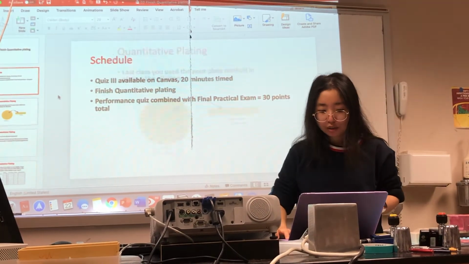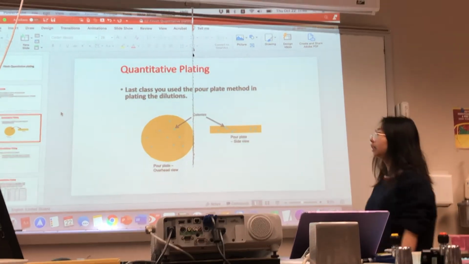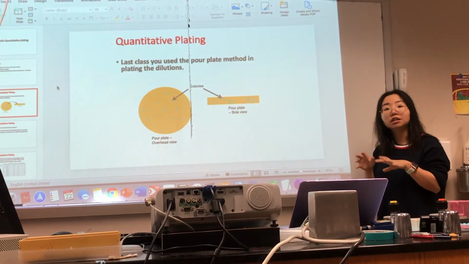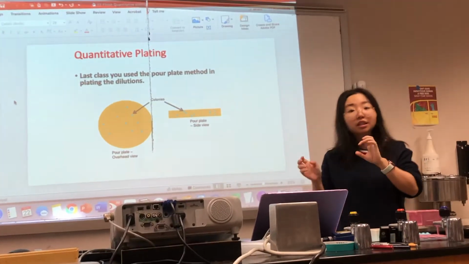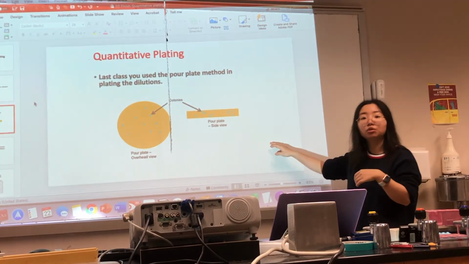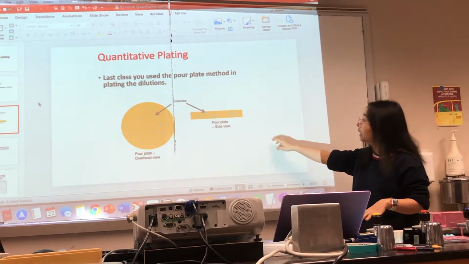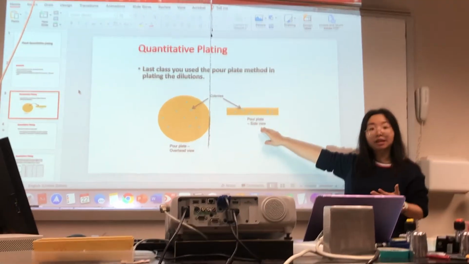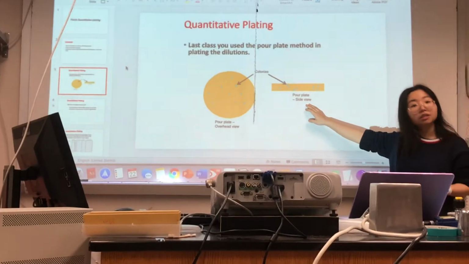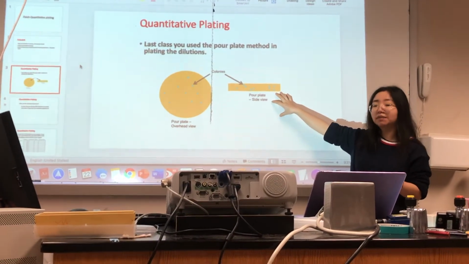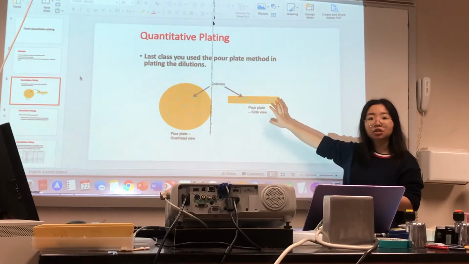So for finishing the quantitative plating, you know this is a method to count the cells, and you know the advantages and disadvantages. The advantage of using quantitative plating to count cells is that you are counting the live cells. They are all live, not dead cells. So this is a good method. There may be disadvantages, as shown on the slide here.